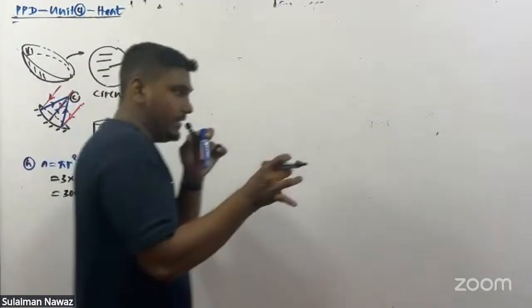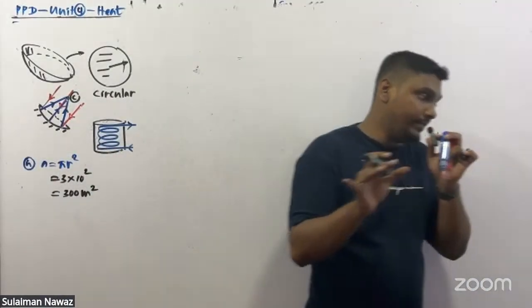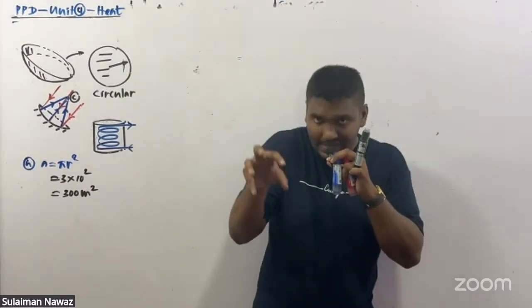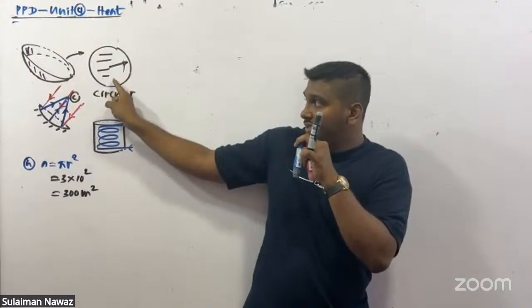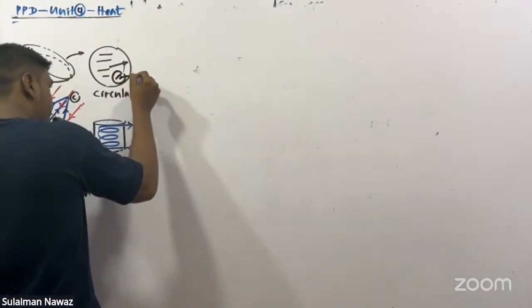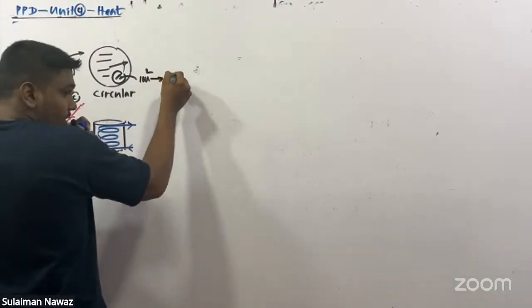Now they have given the intensity. When you consider 1 meter squared of area, the incident solar power is 1000 watts.